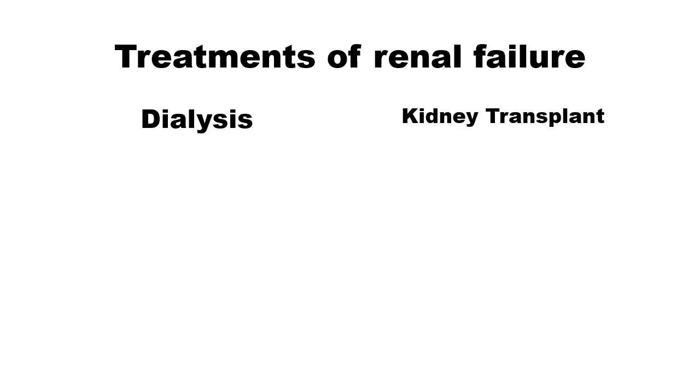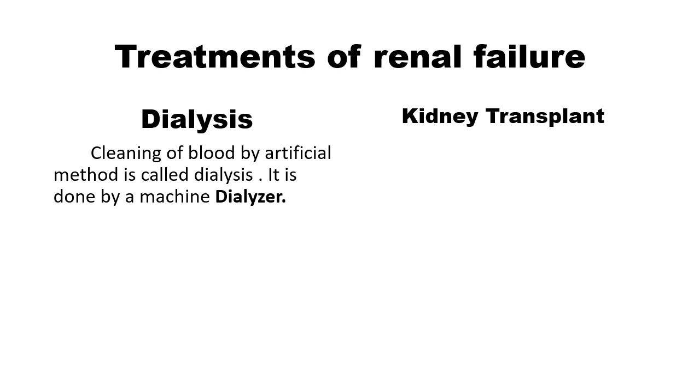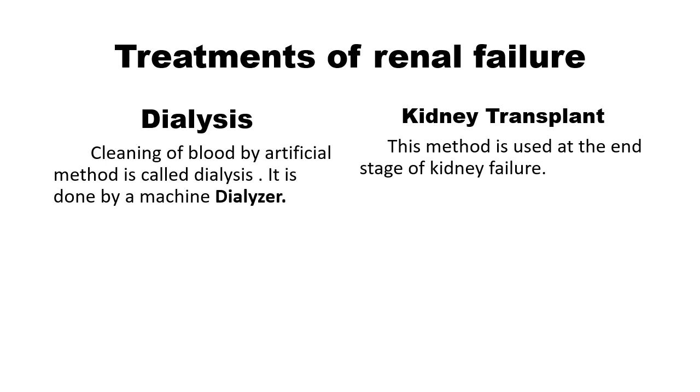Now treatments of the renal failure. There are two treatments given in your book. First is dialysis and the second is kidney transplant. Dialysis is the cleaning of blood by an artificial method. It is done by a machine called dialyzer, and you can see the second definition, that is kidney transplant.